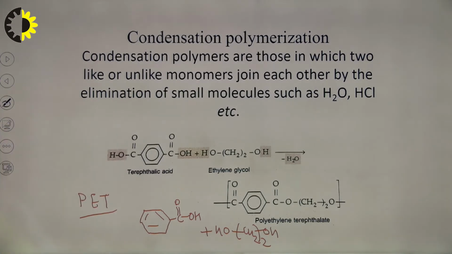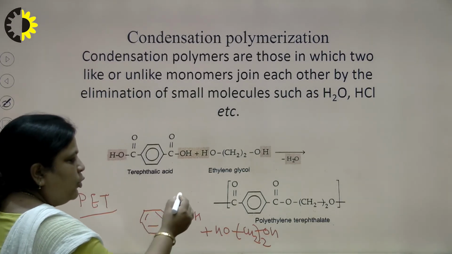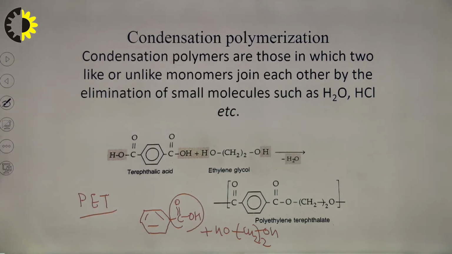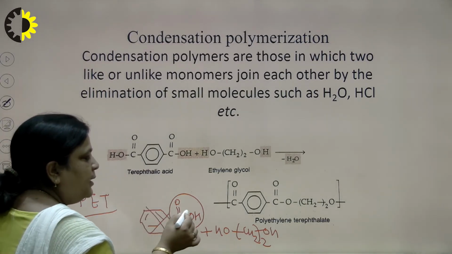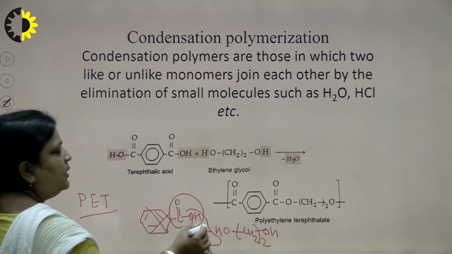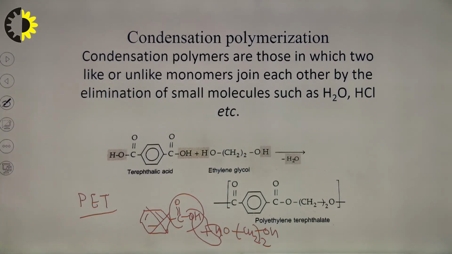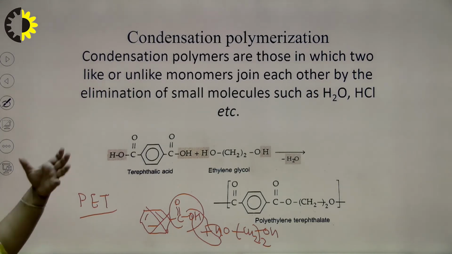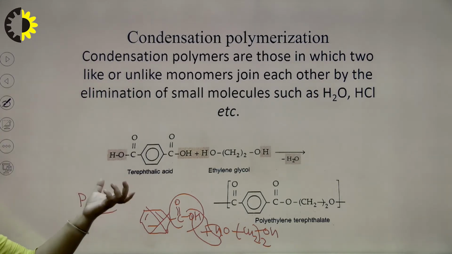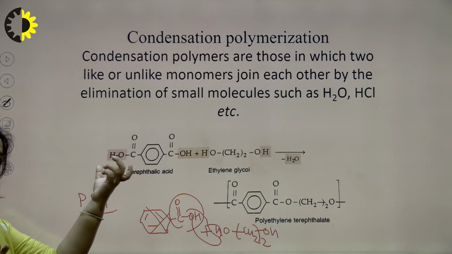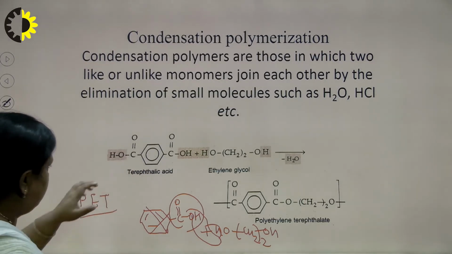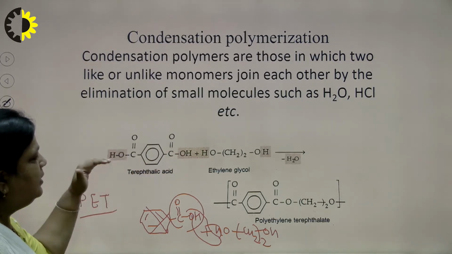Now the examiner asks this. Immediately we think that in this monomer only one functional group is there, and to act as a monomer it should be at least bifunctional. That is, this benzoic acid does not give the condensation reaction, because for condensation a monomer should have at least two functional groups. That is why we are taking terephthalic acid.